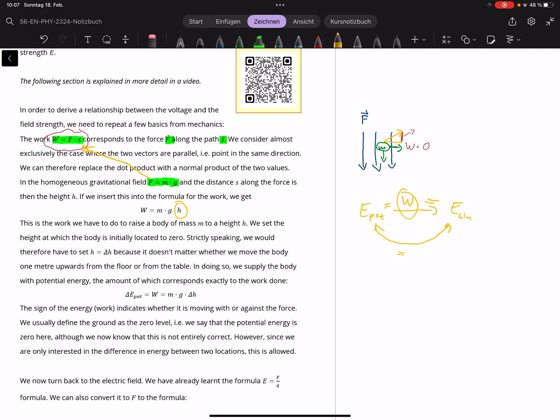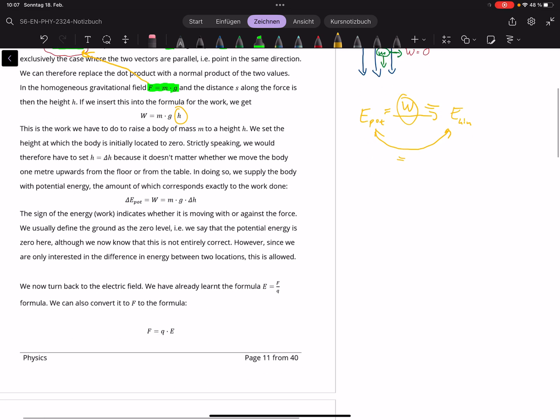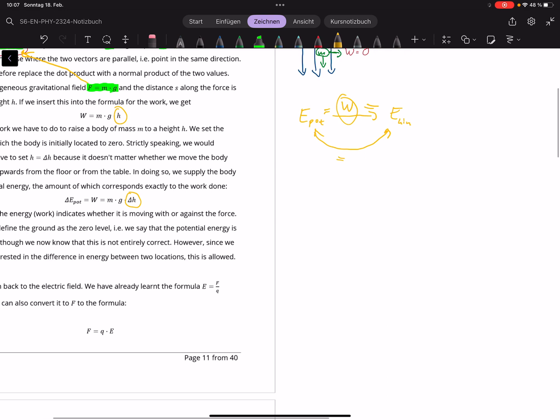Okay, so if we move a mass upwards or if it's falling down, then we can say the distance is equal to the height. Strictly speaking, we need to say delta H, because the height is hard to define.